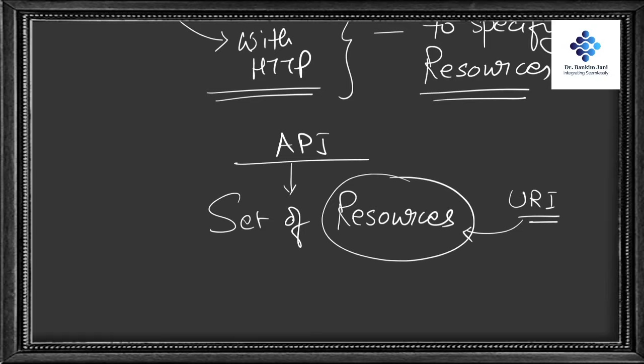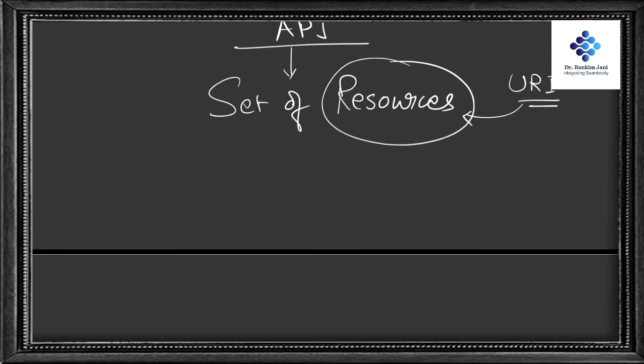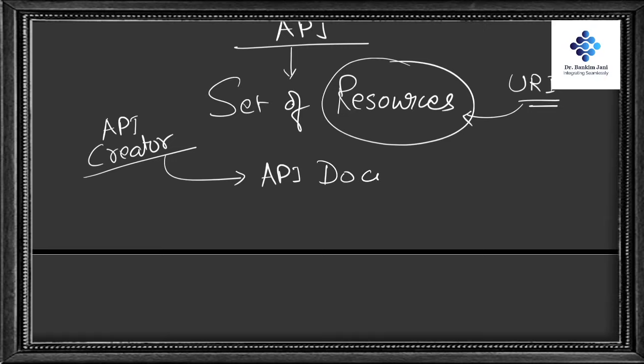Now when you make all these resources variables and then give URIs to them, all those API creators document this thing, and that's what is called API documentation.